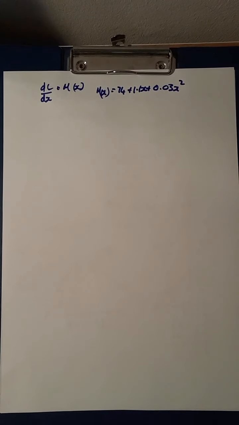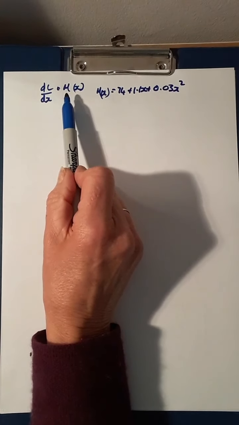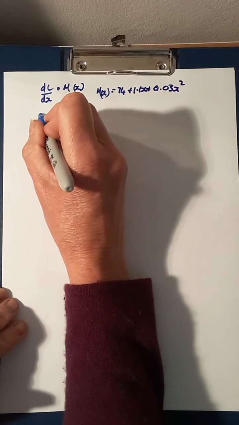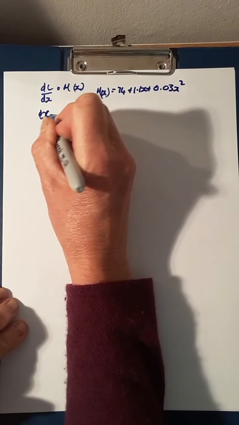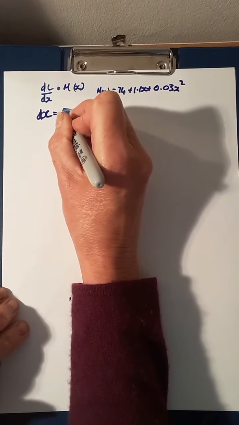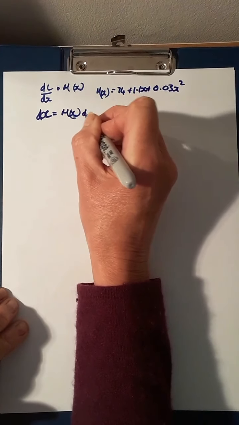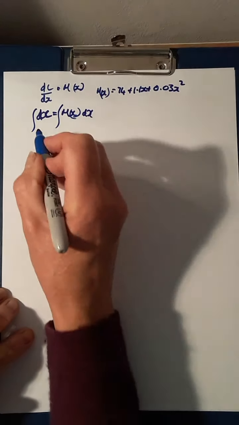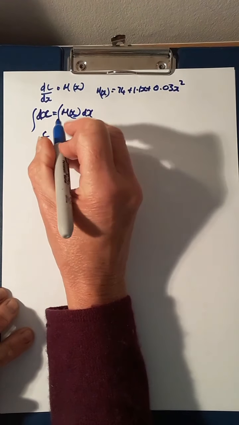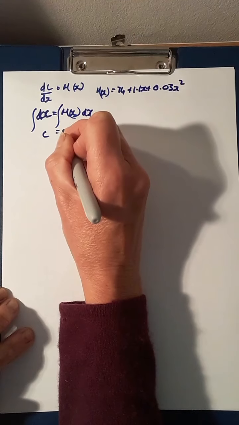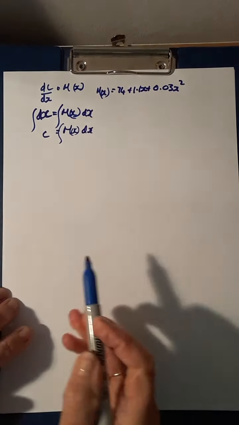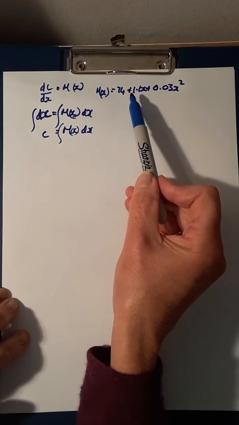Okay, so I can see if dC/dx is equal to M(x), then this is telling me that dC is equal to M(x) dx if I separate the variables. And then if I integrate both sides, this will become C is equal to the integral of M(x) dx. Okay, and I know what M(x) is, it's this.